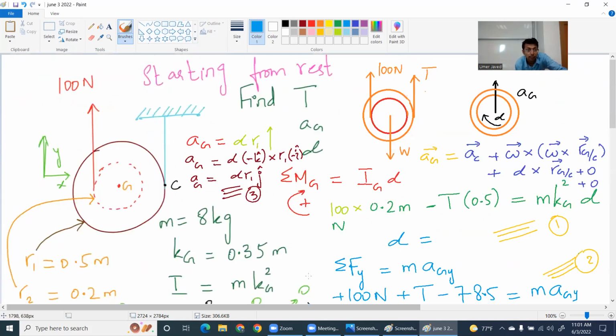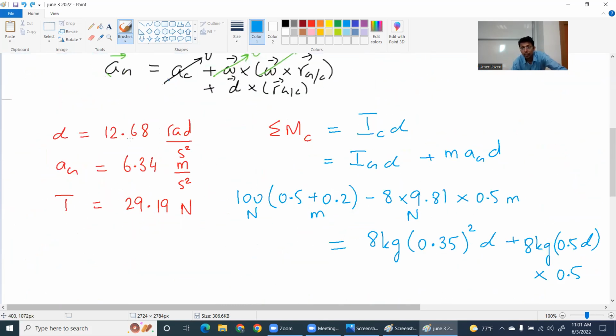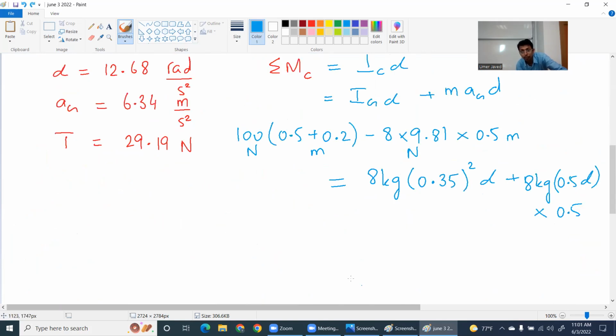So, for example, this is MAG, the distance between G and C. This is MAG, and MAG multiplied by D. Clockwise is positive. Boom. I'm not sure if anyone is volunteering to get the alpha, but I think you should get 12.68.